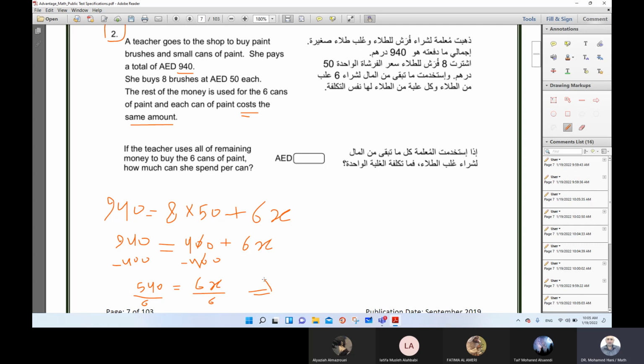So x equals 540 divided by 6, which will be 90. So it means if the teacher uses all of the remaining money to buy the 6 cans of paint, how much cash can she spend per can? It will be 90 dirhams.